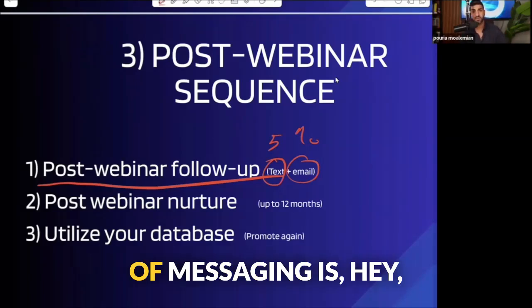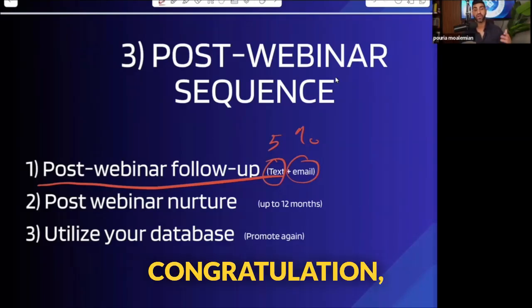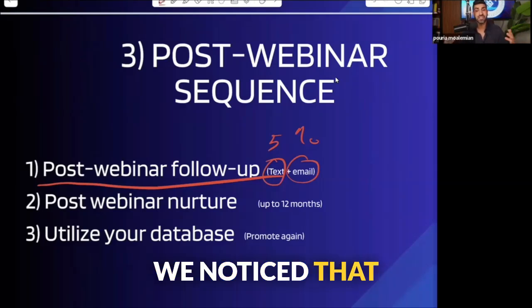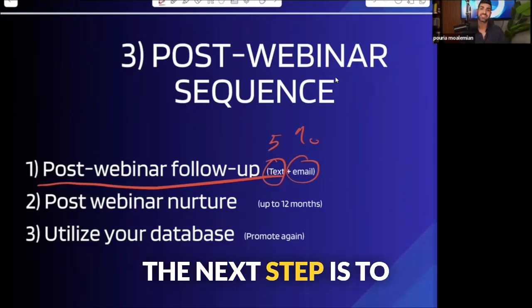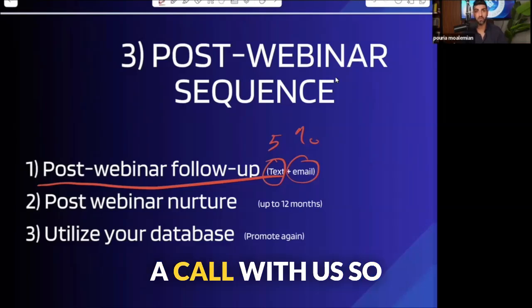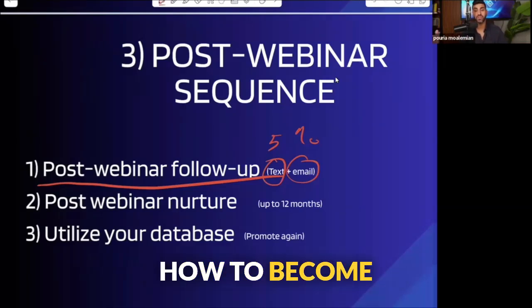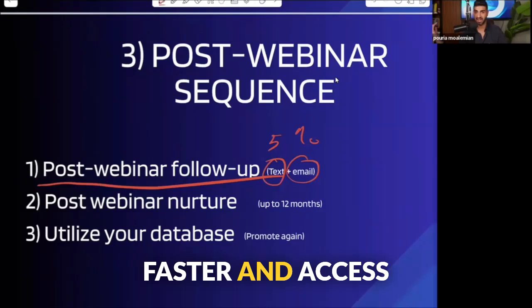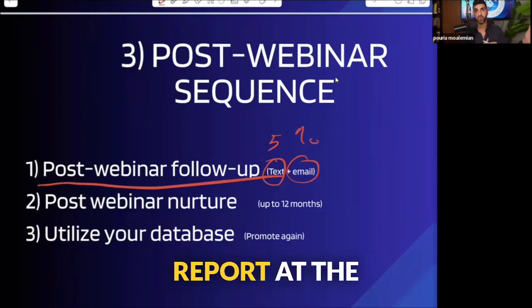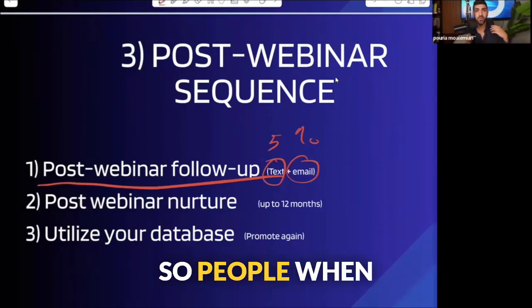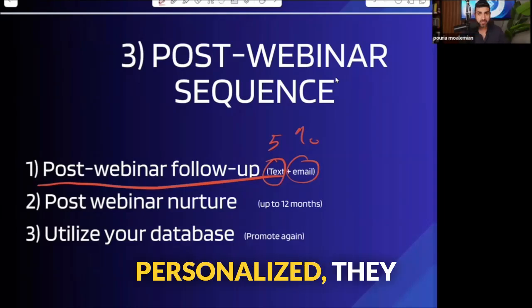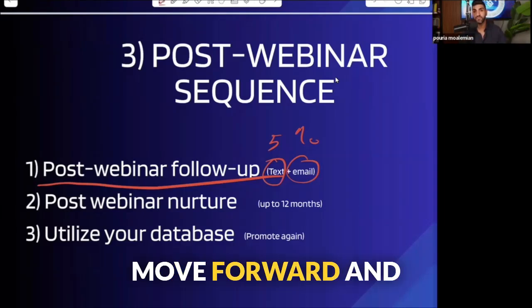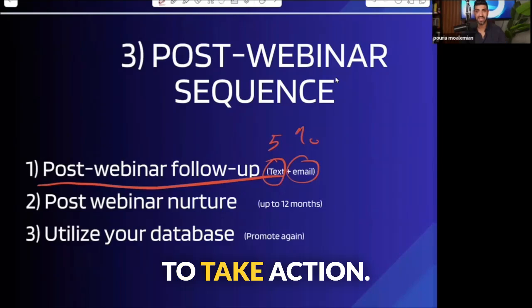The other type of messaging is, hey, congratulations, we noticed that you showed up, and the next step is to go ahead and book a call with us so we can show you how to become a homeowner faster and access your custom report at the same time. When people feel the message is personalized, they move forward and are most likely to take action.